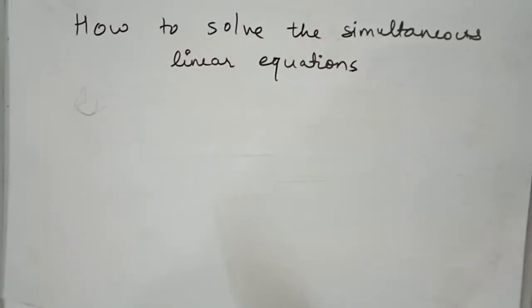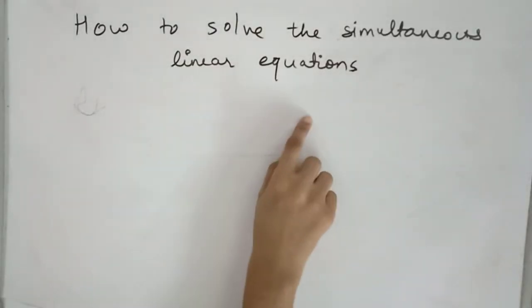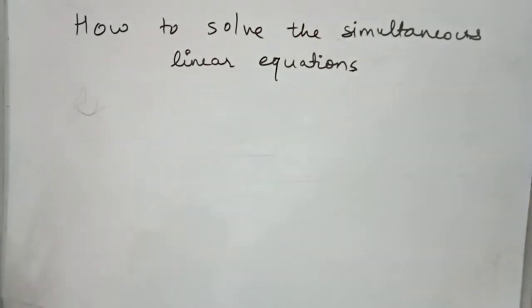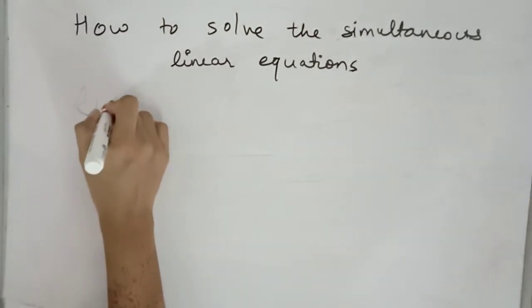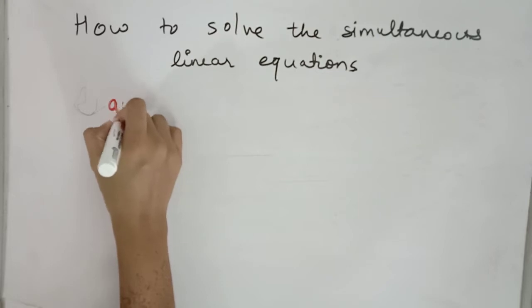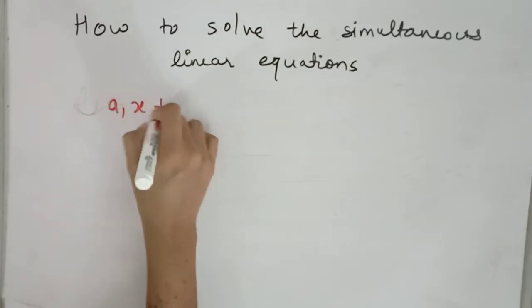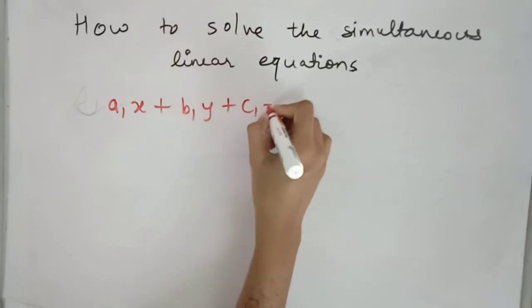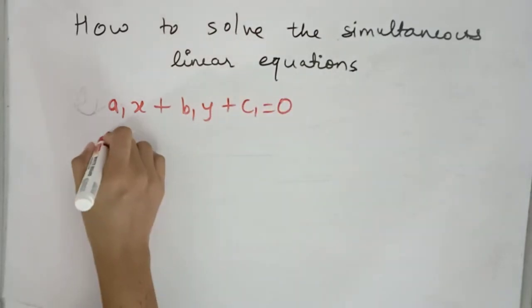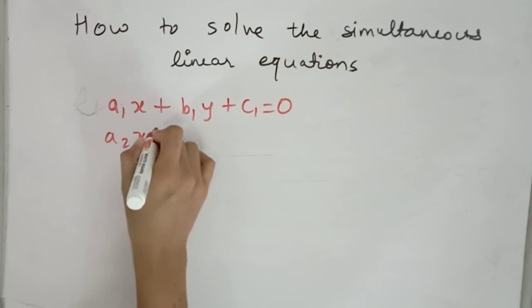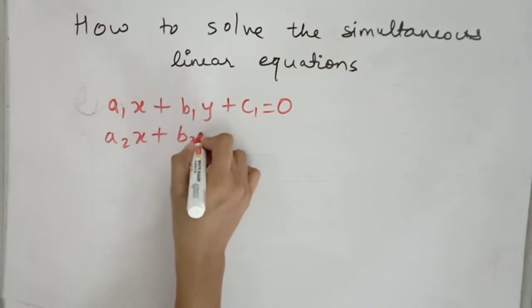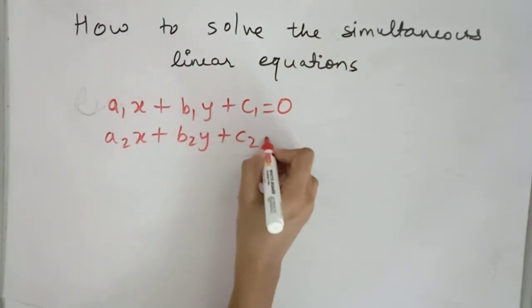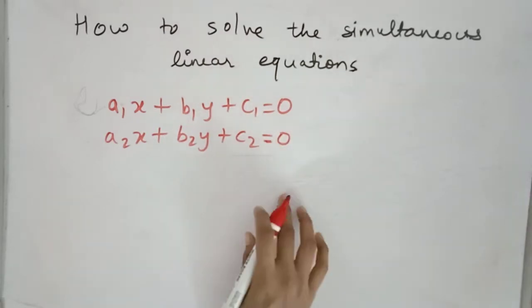Now let's see how to solve simultaneous equations. Suppose there are two equations, a1x plus b1y plus c1 equals 0 and a2x plus b2y plus c2 equals 0.